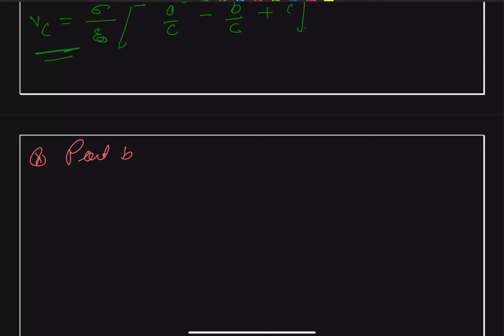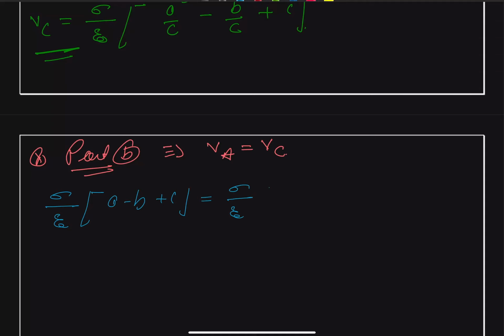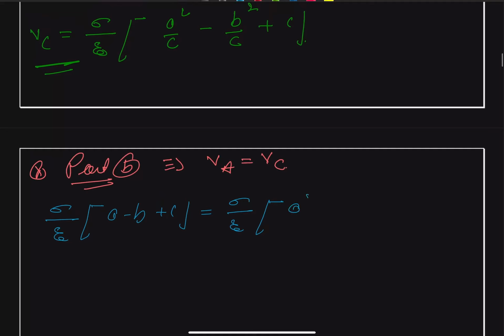So for part B, it states that potential at A is equal to potential at C. We substitute the values: sigma upon epsilon naught into A minus B plus C is equal to sigma upon epsilon naught into A square upon C minus B square upon C plus C. And the sigma upon epsilon naught cancels out, and this C and this C also go away.